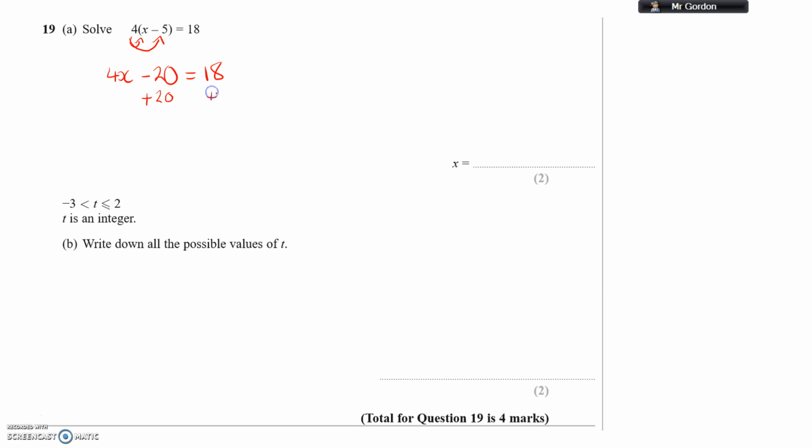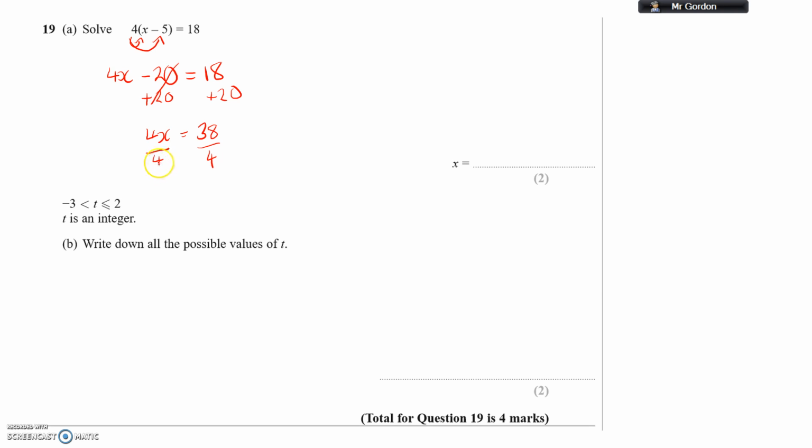I need to do the same to both sides. So those cancel out to 0, and I've got 4x is equal to 18 plus 20, which is going to be 38, and then I've got 4 times something equals 38. So to get rid of a times by 4, you divide by 4, do it to both sides.